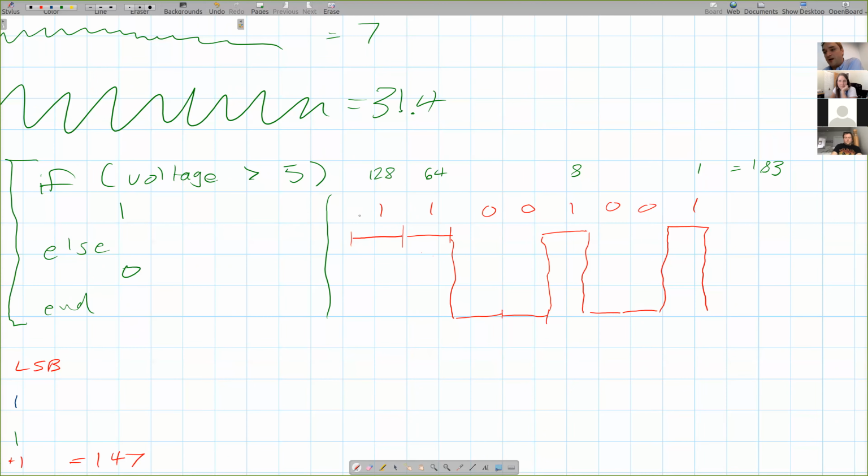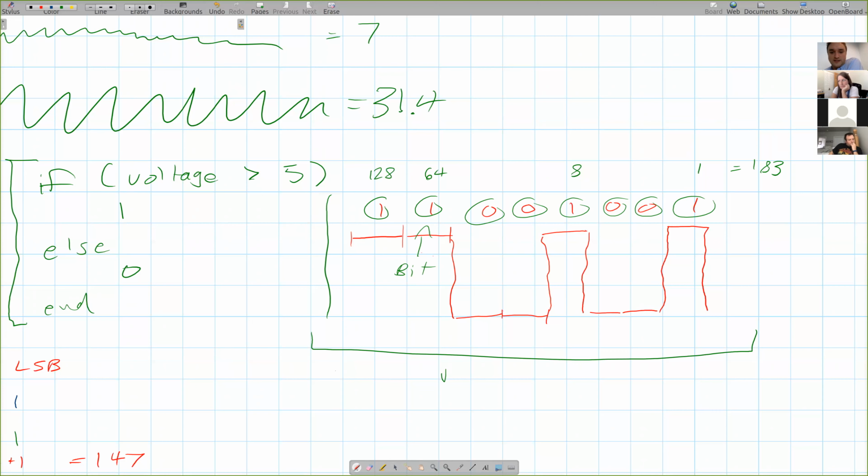Well, it turns out we call each of these a bit. And if we group those bits into 8s, we can call them bytes. So that's a bit. This whole thing is a byte.